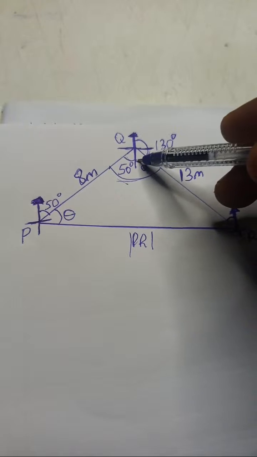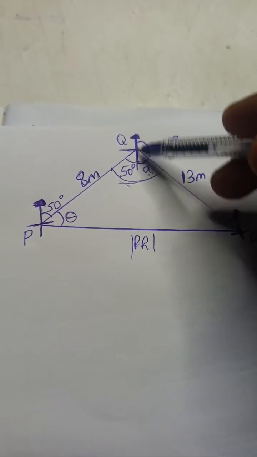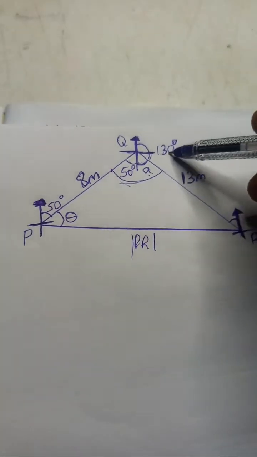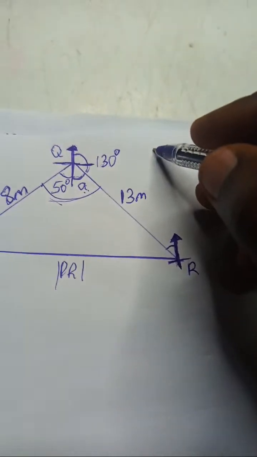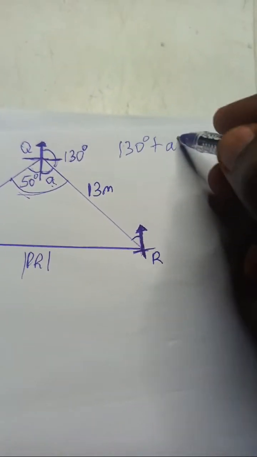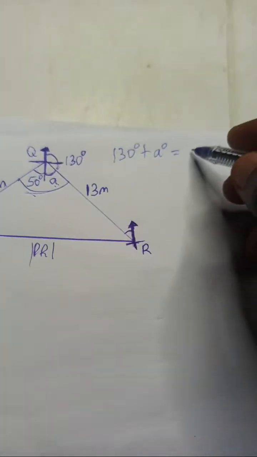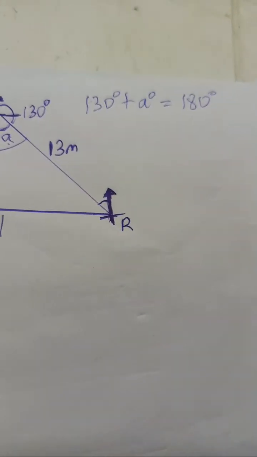From this place to this place is 180, that's angle on a straight line. And they told us this is 130. To get our A, 130 degrees plus A degrees must be equal to 180.